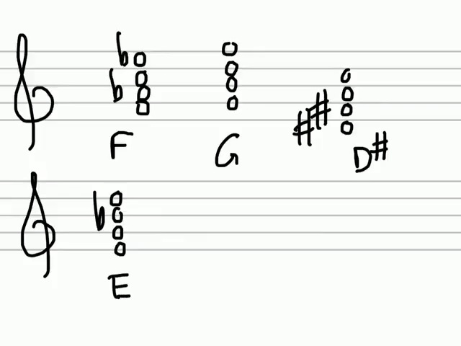The root here is E. Now, in the first example, it's an F minor triad and a minor seventh, so I write it that way. In the second example, it's a major triad, so I don't need to modify the G. It's a minor seventh, so I just put a 7 there and we're done.